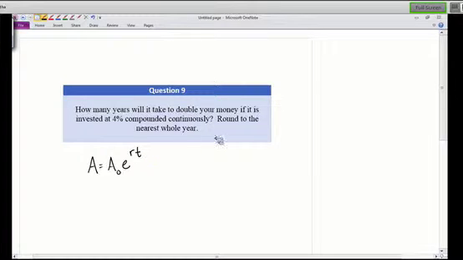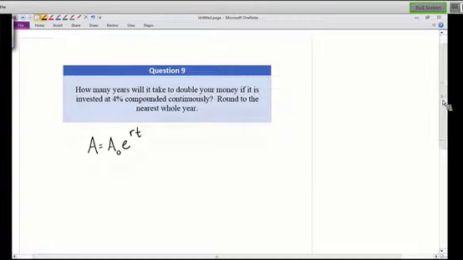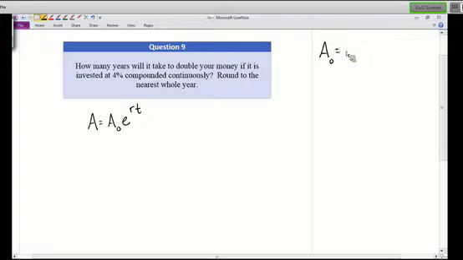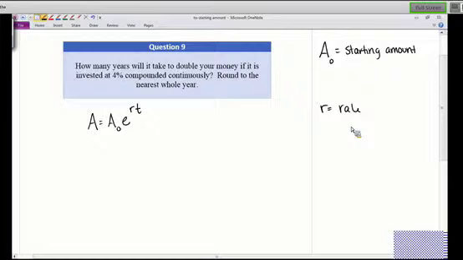Now let's identify what these values represent. A sub 0 represents your starting amount. R represents our rate, and T represents time in years.